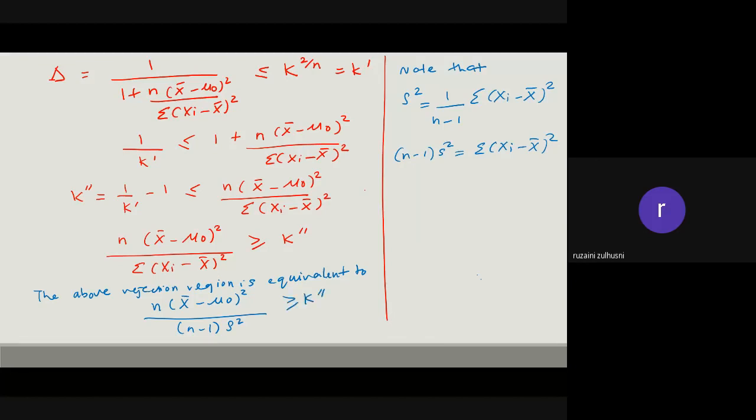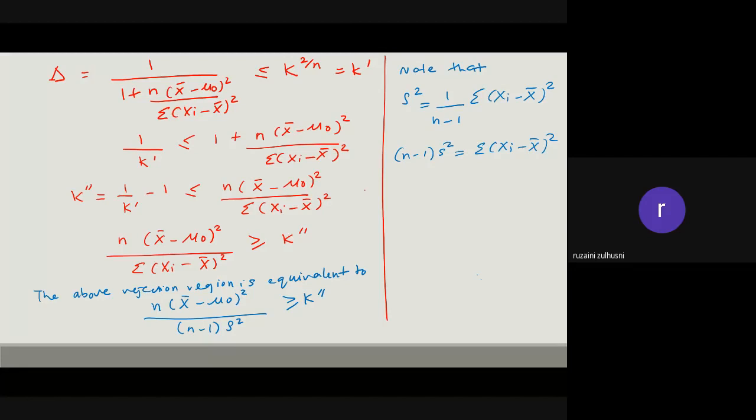Take note that S square is equal to summation xi minus x bar square over n minus 1, which is your estimate for sigma square hat, the sample variance. So we replace, and you have n x bar minus mu naught square over n minus 1 S square.